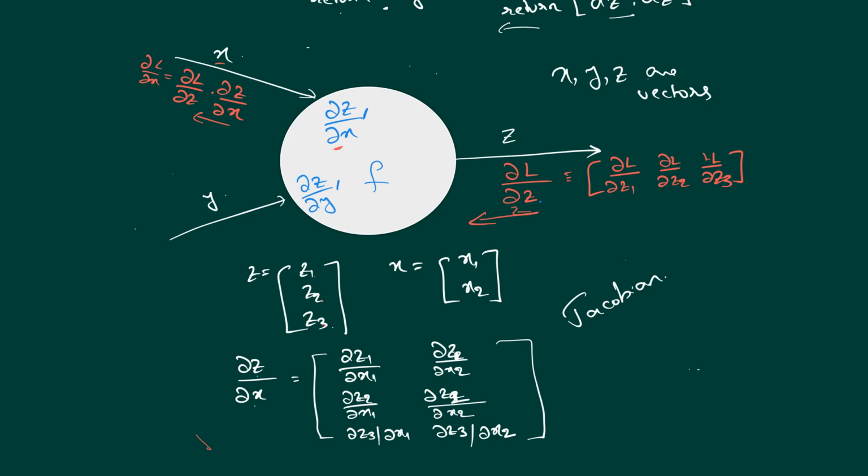Okay, and this is going to go similarly out here. For y, we'll have del L by del y equal to del L by del z into del z by del y, and this is going to be another row vector which is going to go in this direction.